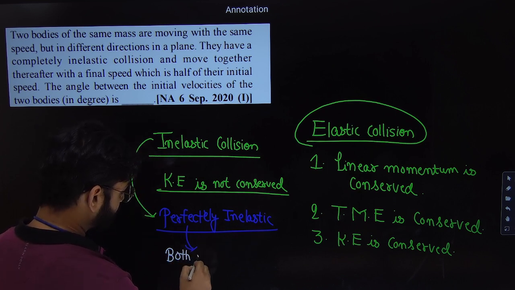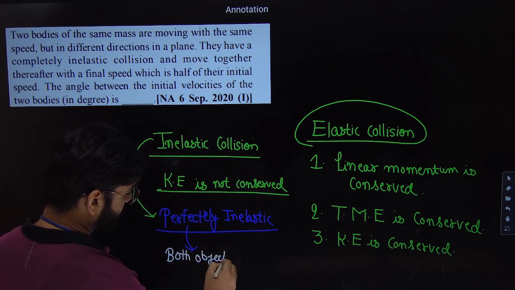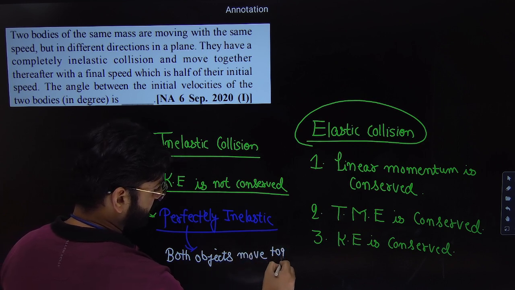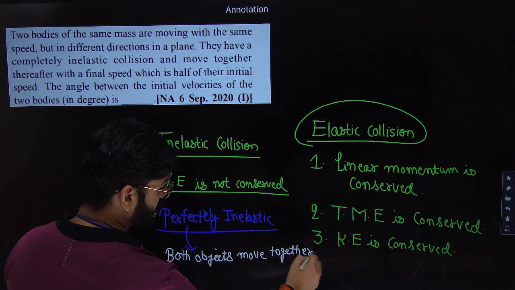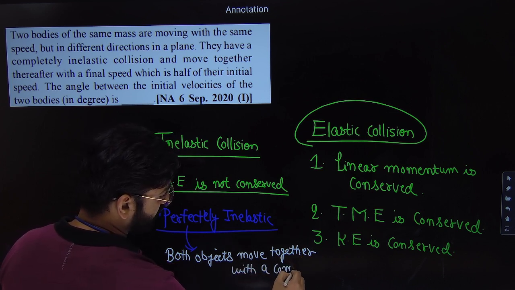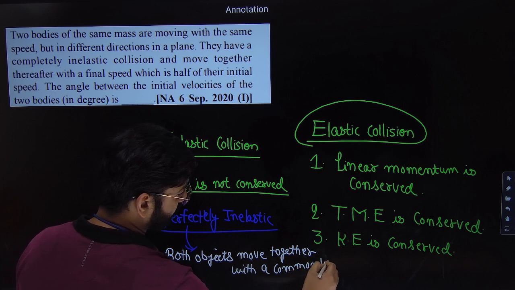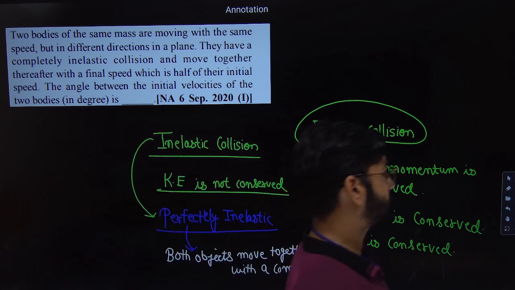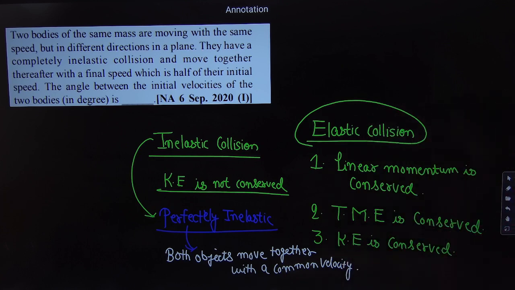So both objects move together with a common velocity. Clear? All points clear? We will solve the question.